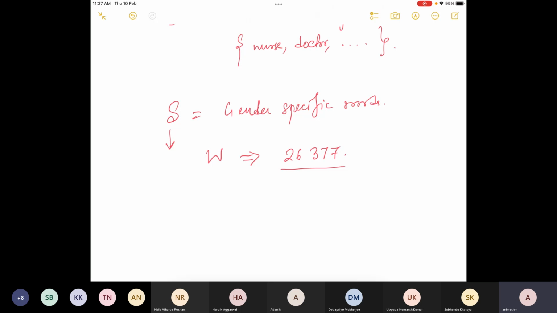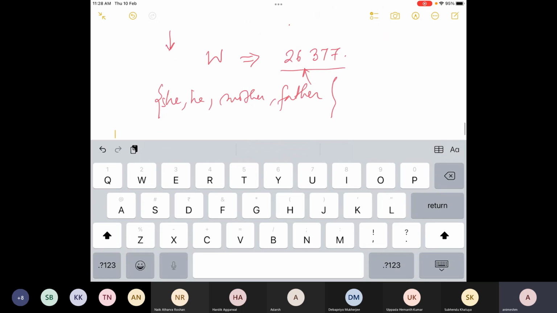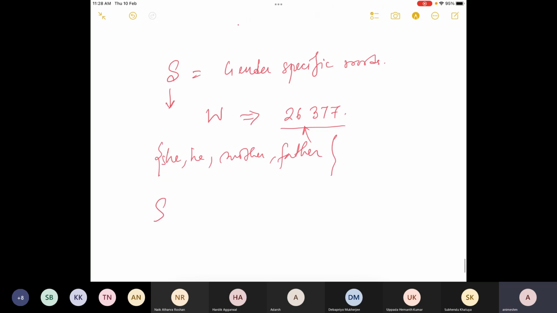So glancing at this W, they manually marked all those cases which they thought, as per a dictionary, are gender specific words, like say she, he, mother, father, etc. Whatever they could find in this list of W. Now that subset of W, they call S0.